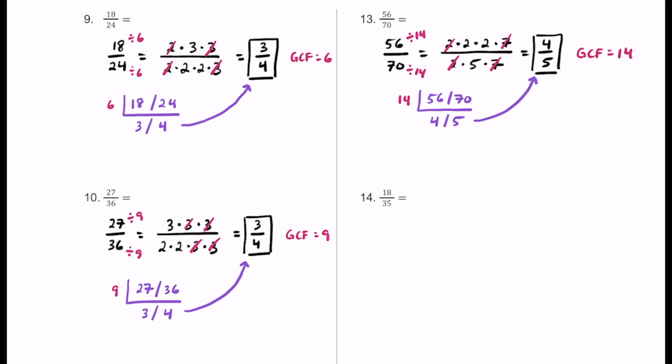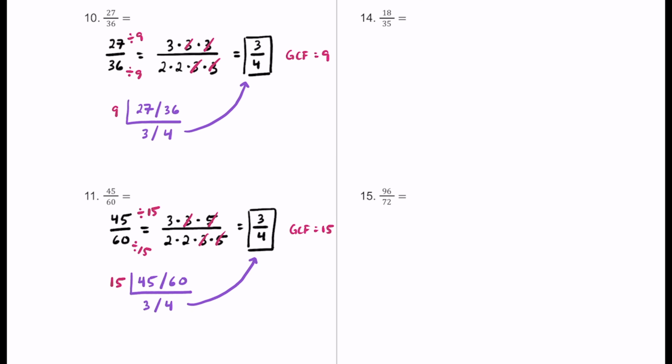Here's 14. For 14, we have 18/35, so 18 over 35. And so 18, what does that break into? 18 breaks into 2 times 9, and 9 breaks into 3 times 3. 35 will break into 5 times 7. At this point, we've confirmed they have nothing in common with each other, right? There are no common primes.